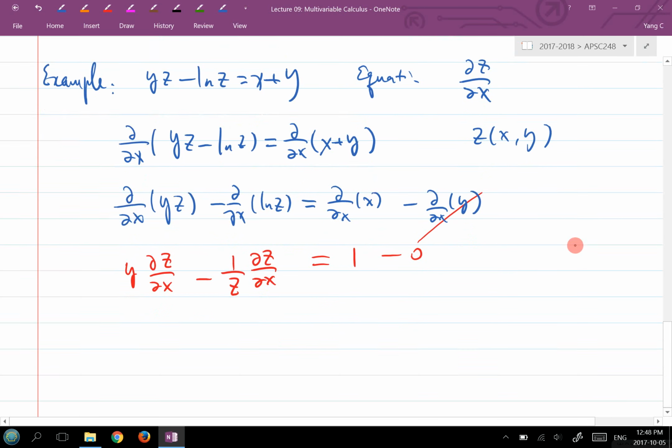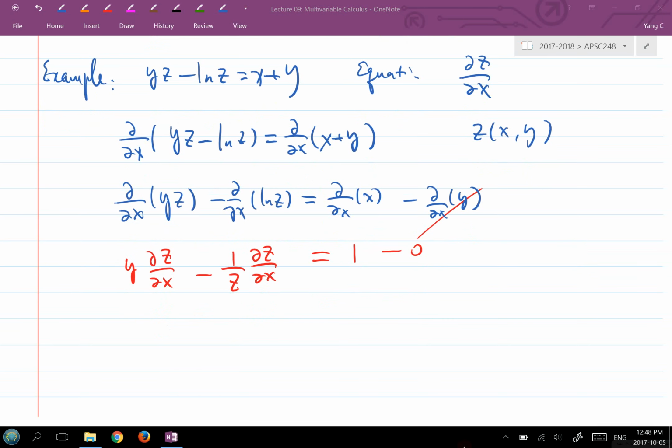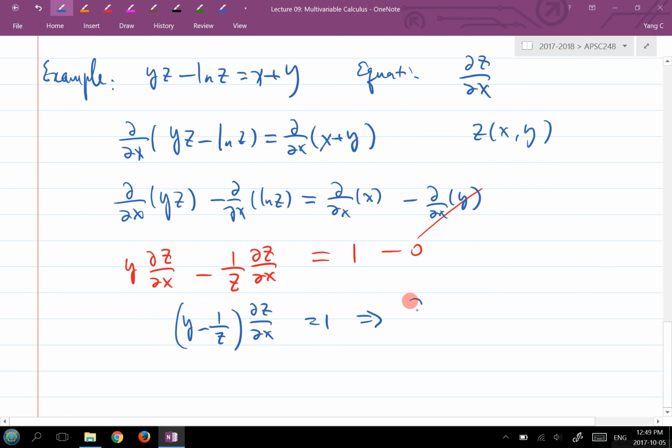Now you have explicitly all the partial z over partial x expressed. So simplify this, and then solve for partial z over partial x, which gives 1 over y minus 1 over z.